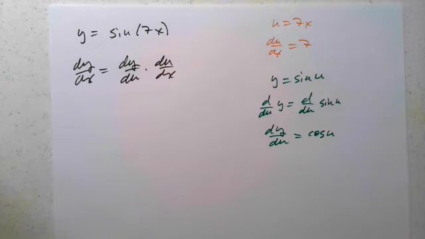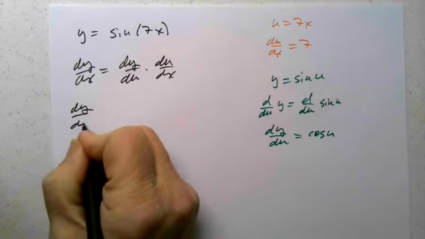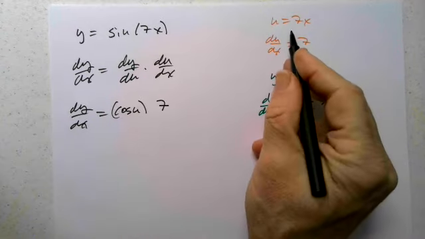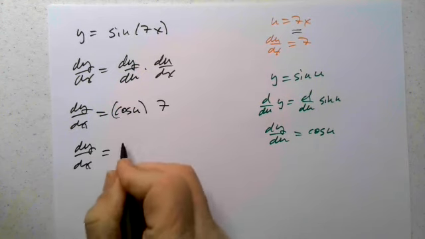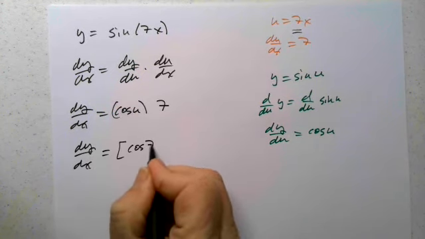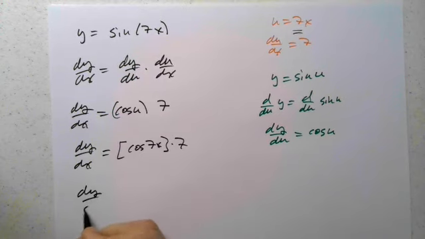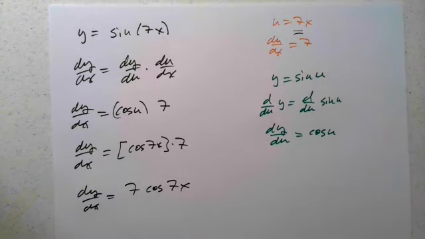So we'll say dy dx equals dy du, which is cos u, times du dx, which is 7. But what is u? U is 7x. Dy dx is cos 7x times 7, which we usually write our answer as 7 cos 7x. So that's our basic idea of the chain rule.